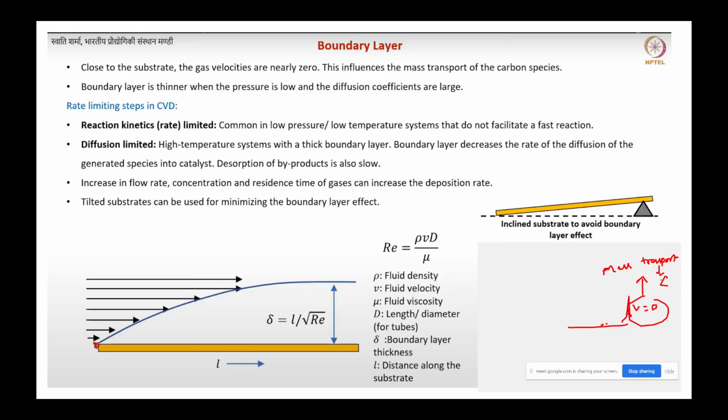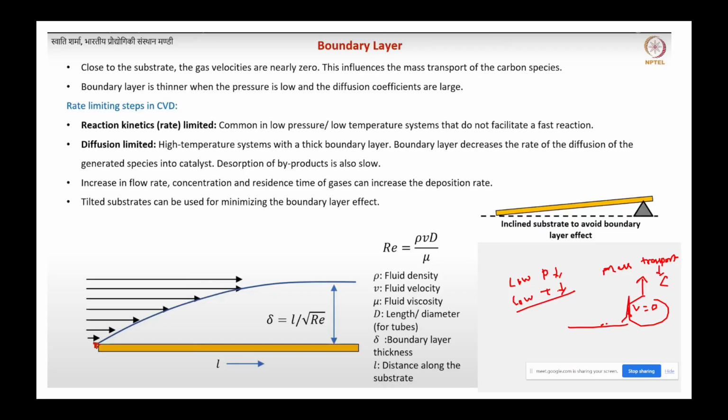So there are some steps which limit the rate. In the CVD process, the first is reaction kinetics limited, or you can say rate limited. This is common in low pressure or low temperature systems that do not facilitate a fast reaction. So where you require a low pressure, or let's say a low temperature system, a fast reaction process would not be facilitated.